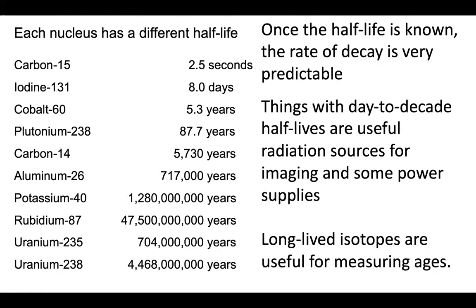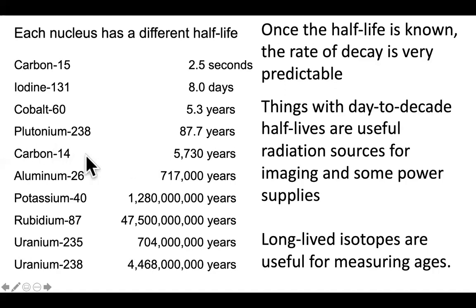Because if you know the half-life, you know exactly how many of these atoms were present in the past and how many will be there in the future. Now, you have to do a bit of extra work to turn that into a useful measurement of age, but things that have long half-lives are routinely used to do this.